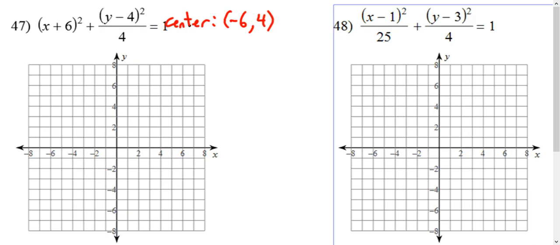And this one didn't look like a fraction at first, but remember that means it's over 1. So our x radius, since it's underneath the (x minus h) squared, is the square root of 1, which is just 1. And our y radius, which is underneath the y's, is the square root of 4, so just 2.